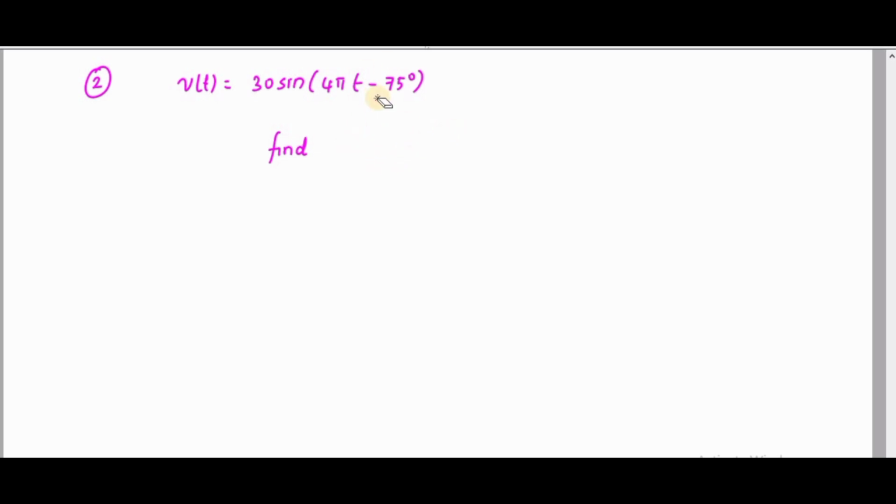Find the amplitude, then phase, then frequency, then time period. You comment below the solution.